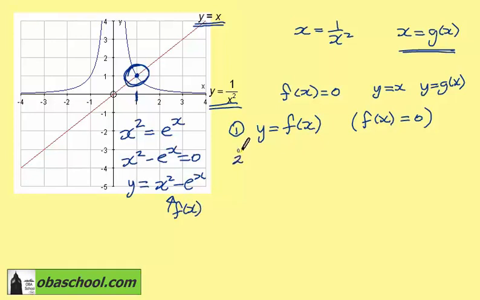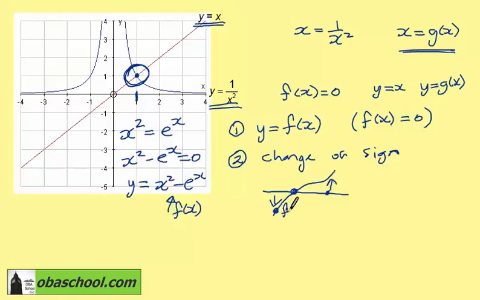Now step 2. We look for a change of sign. We discussed this earlier in the video. If we have a root here, then the curve could be below here and above here. And this would mean that f of x was negative, and this would mean that f of x was positive.